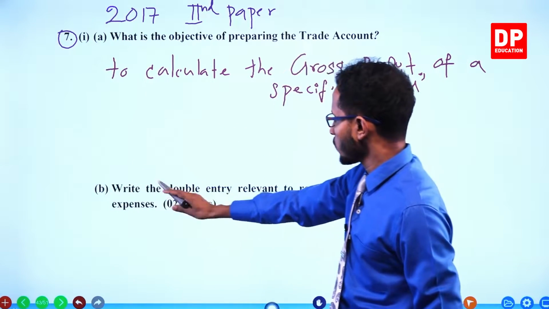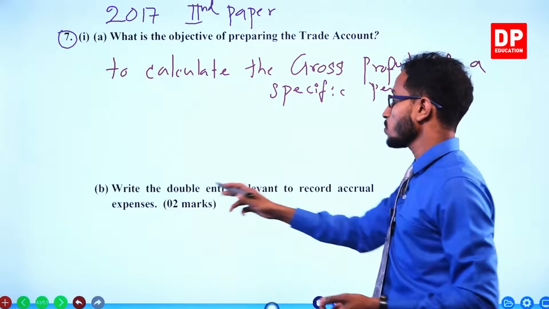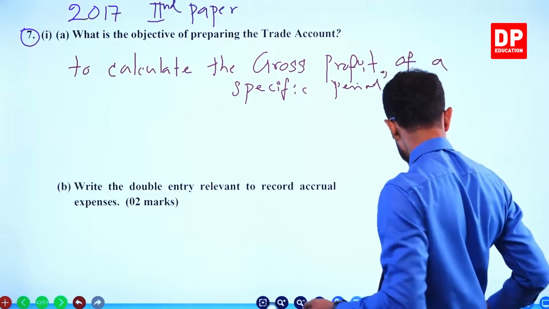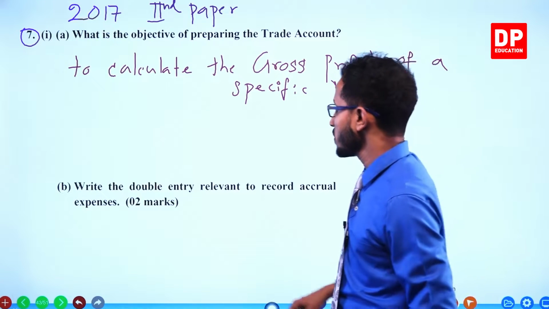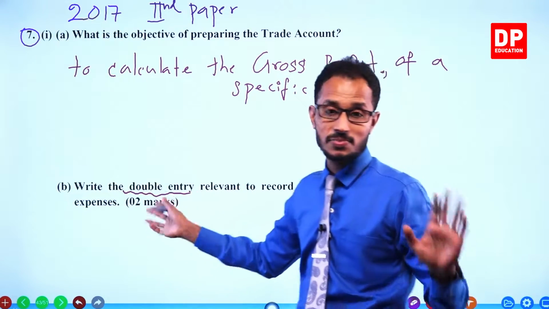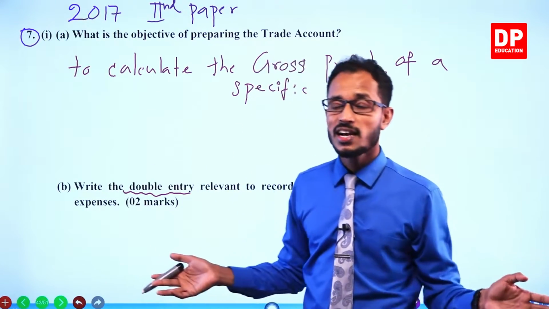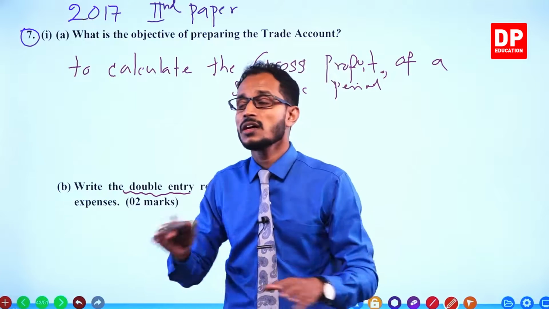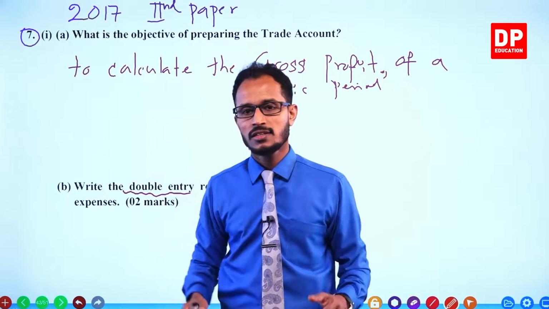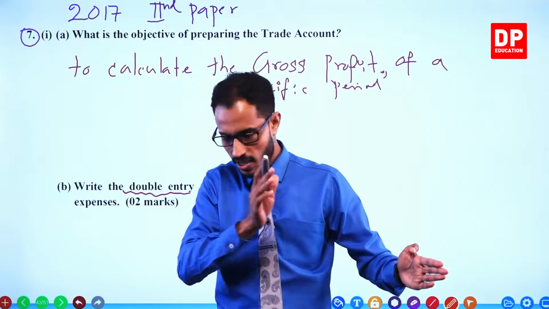B part. Write the double entry relevant to record accrual expenses. Accrued expenses means the unpaid expenses, the outstanding expenses which we have not paid yet, even at the end of an accounting period.